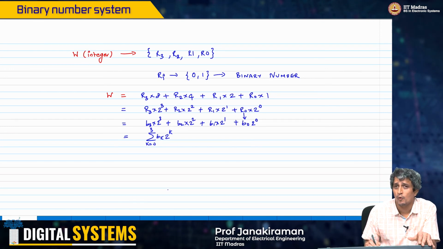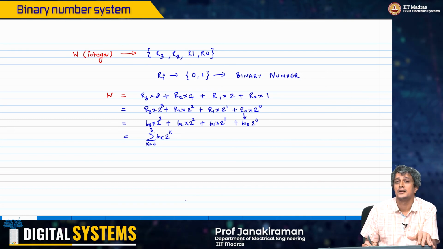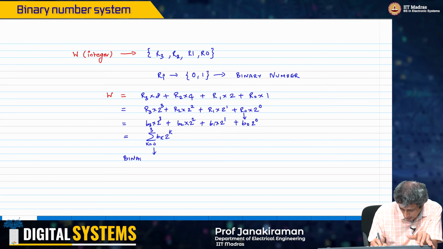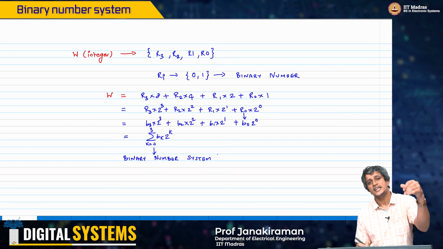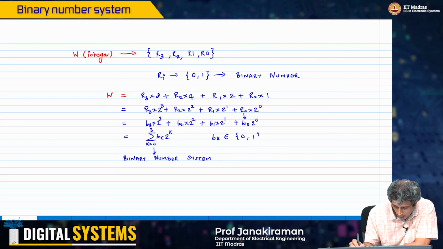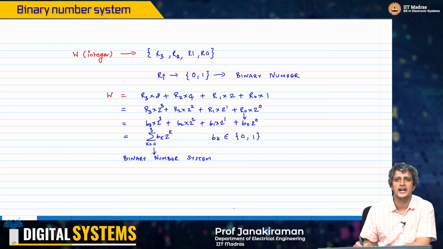This is exactly what I had mentioned in my initial introductory lecture as the binary number system, where each Bk can take either 0 or 1, and you are doing a weighted addition in terms of the powers of 2.